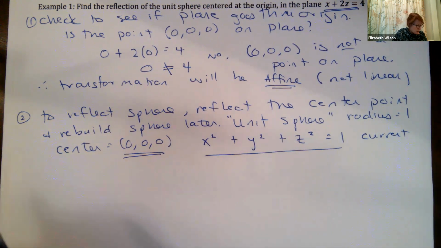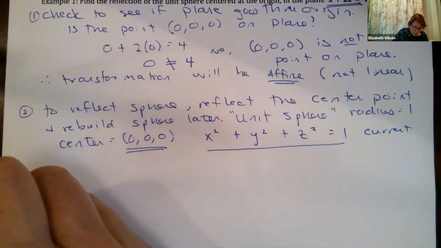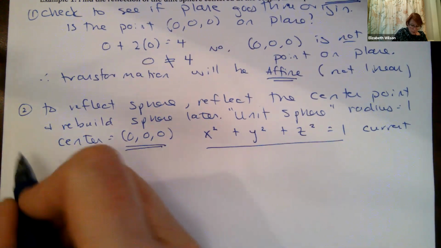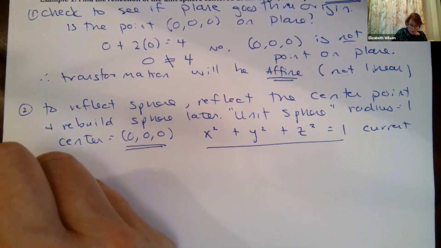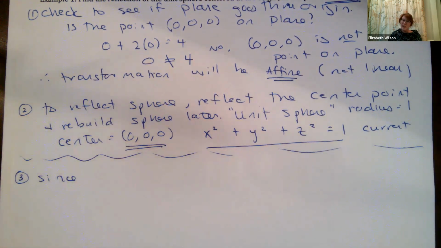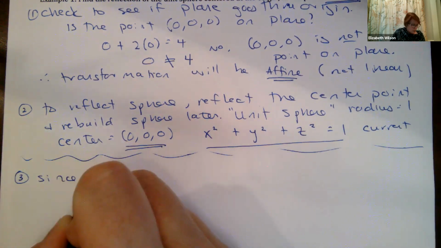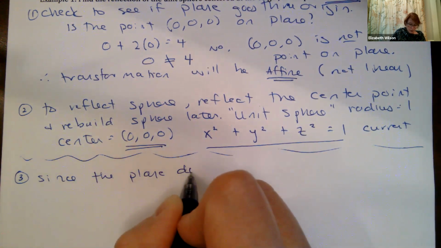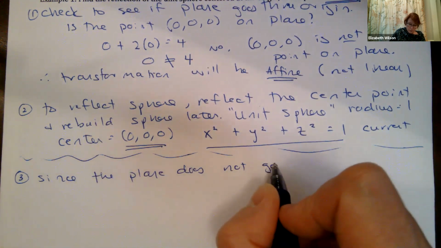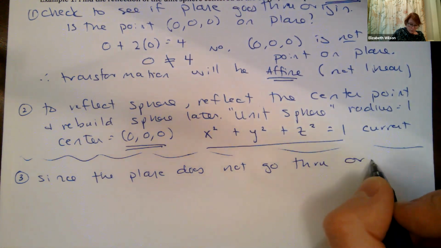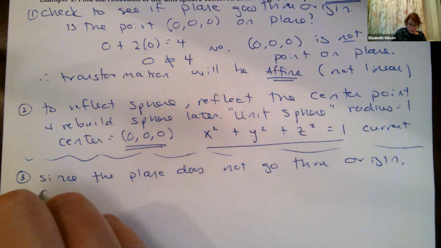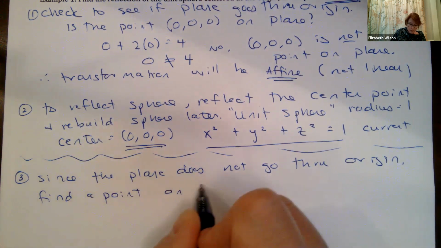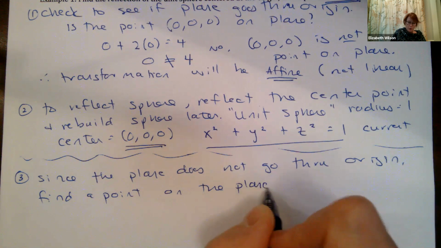Okay, so let's see. My third step, this is actually where I'm going to begin my transformation. So let's write it down. Put a little line there because now we're actually going to start our whole transformation. So since the plane does not go through the origin, we need to find a point on the plane, and I can find any point I want.